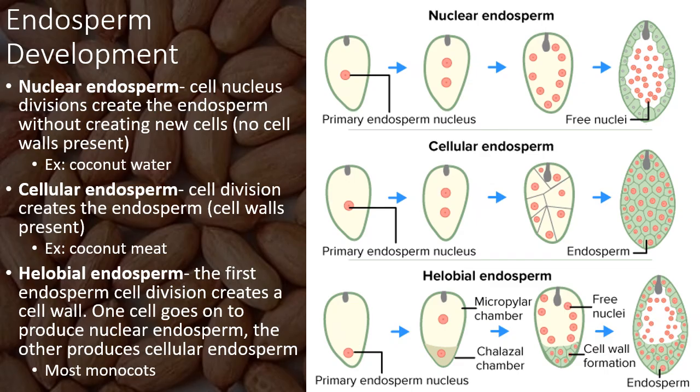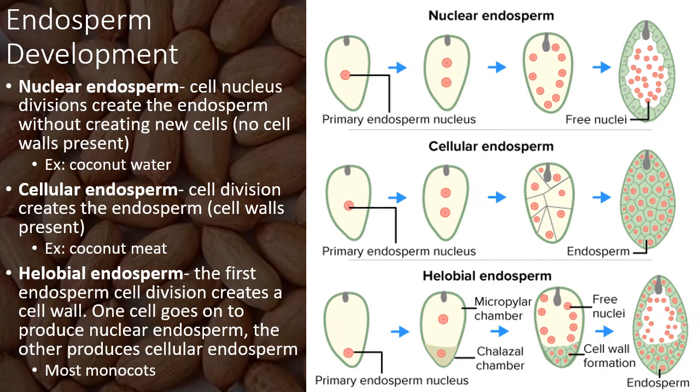So the first endosperm cell, which is formed by the fertilization of the polar nuclei, divides in two, and it basically forms two parent cells. One of those cells is going to go on to perform nuclear endosperm division, and the other is going to go on to perform cellular endosperm division, which is going to result in a seed which contains a combination of cellular and nuclear endosperm.